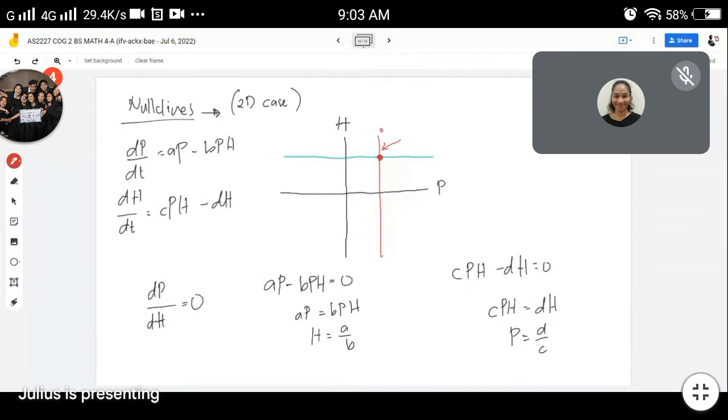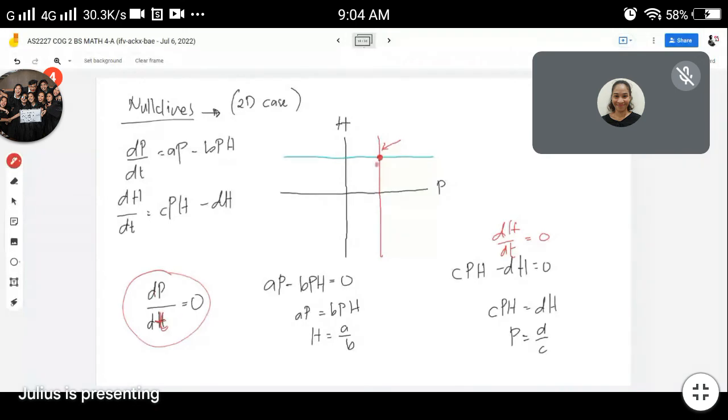In the intersection, we have both dP/dt equals 0 and then ang isa is ang dH/dt sad nimo equals 0. Ang kaninga line, mo ni siya ang mga points, ang mga initial values nga nakasatisfy sa dH/dt equals 0. Ang kaning blue, mo ni siya ang set of initial values nga makasatisfy sa dP/dt equals 0.